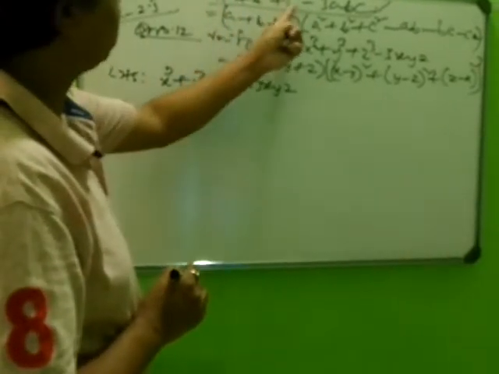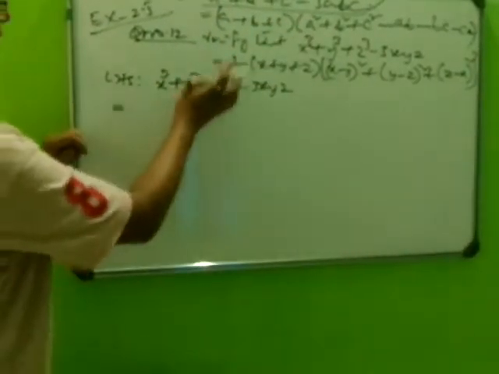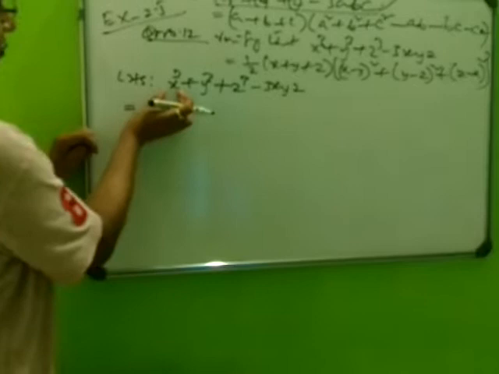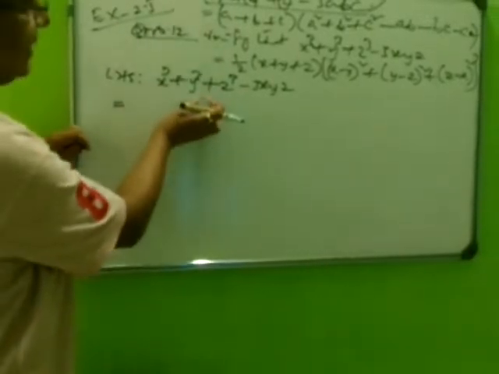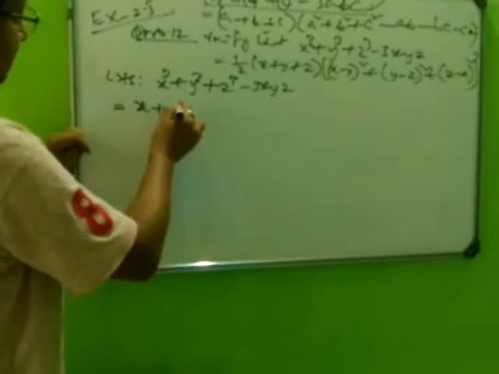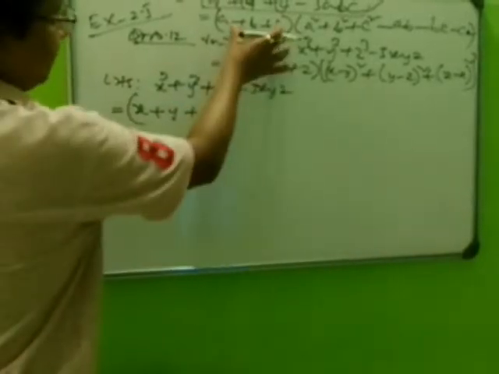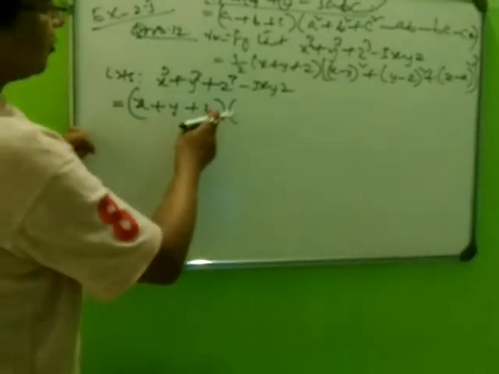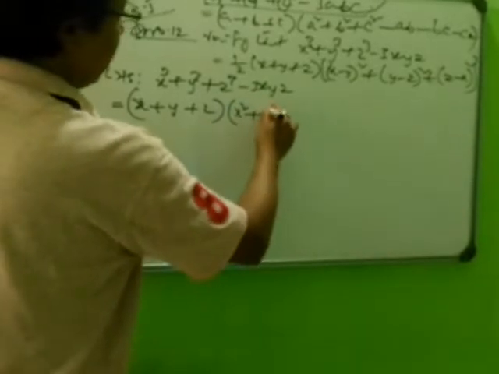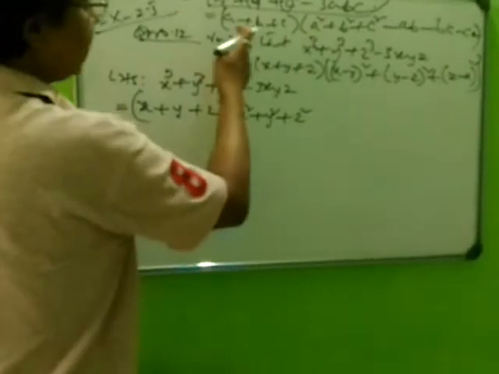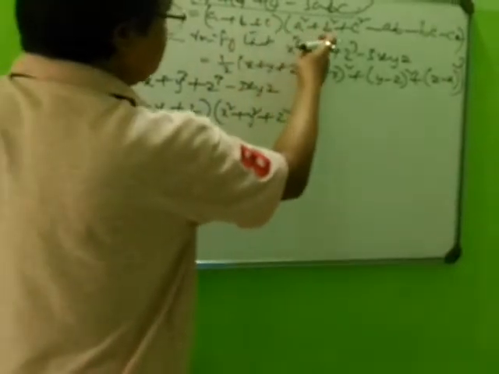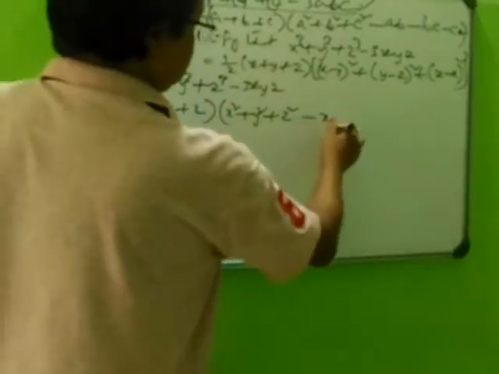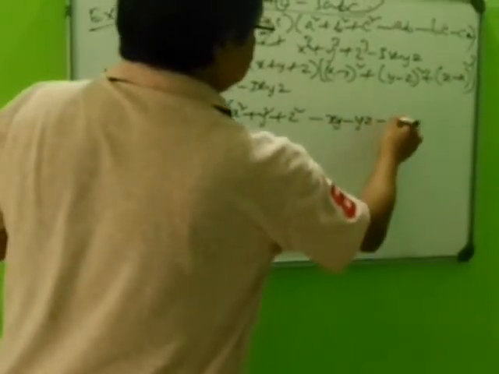So you take x as a, y as b, z as c. So it will be x plus y plus z into, going serially, x square plus y square plus z square minus xy minus yz minus zx.